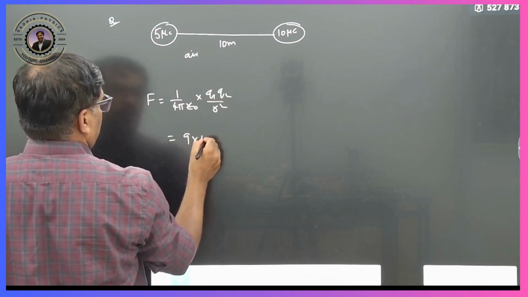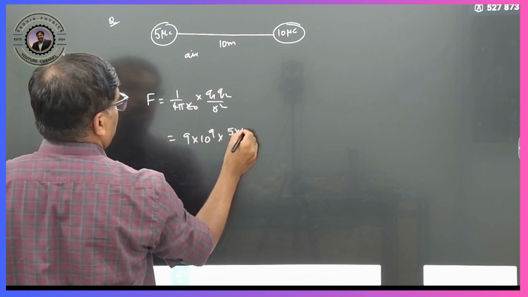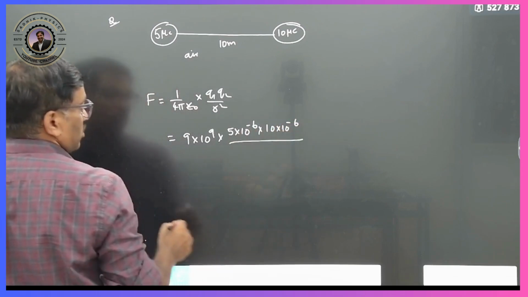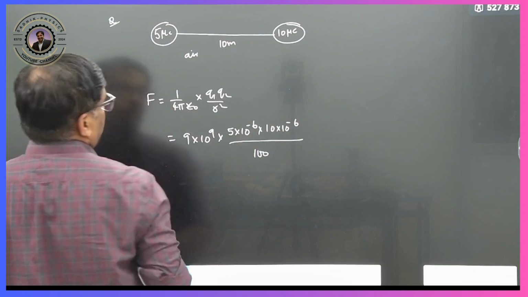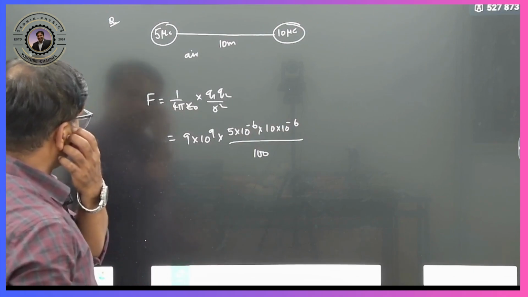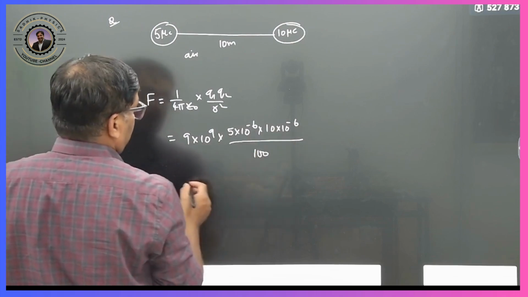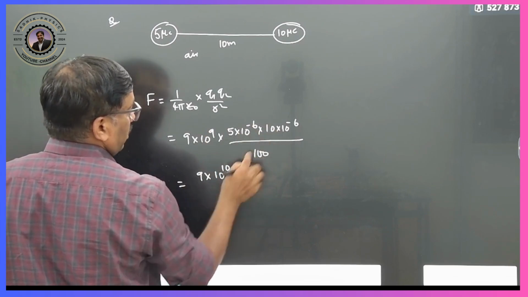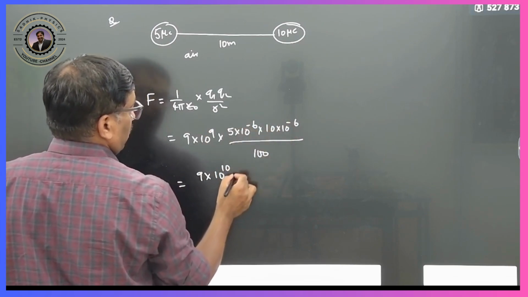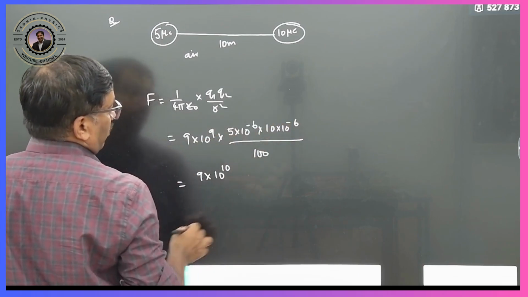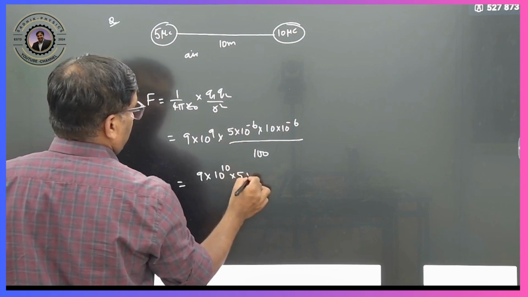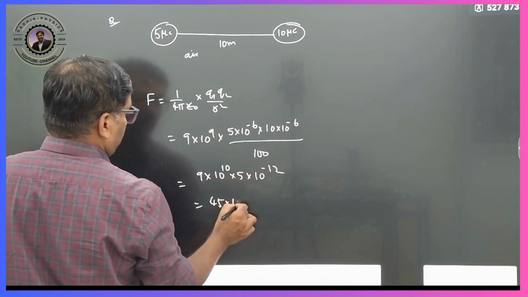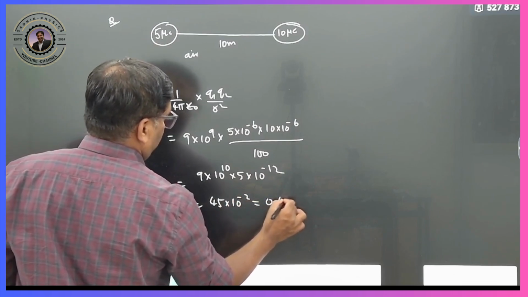So 9 into 10 to the power 9 into 5 into 10 to the power minus 6 into 10 into 10 to the power minus 6, divided by r square, which is 100, since 10 square is 100. Simplifying, 9 into 10 to the power 10 into 5 into 10 to the power minus 12. So 45 into 10 to the power minus 2, therefore 0.45 newtons. Clear?